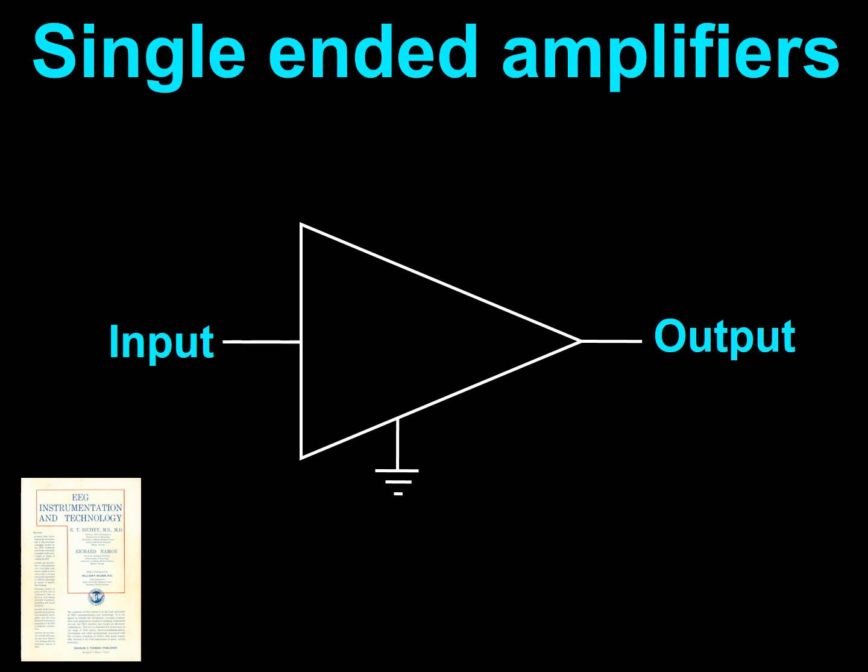Other representations of single-ended amplifiers include a triangle with a line to indicate input and another line to indicate output, and the symbol for ground attached to the triangle. I like this representation because it highlights that the ground serves as a reference for the input and the output.